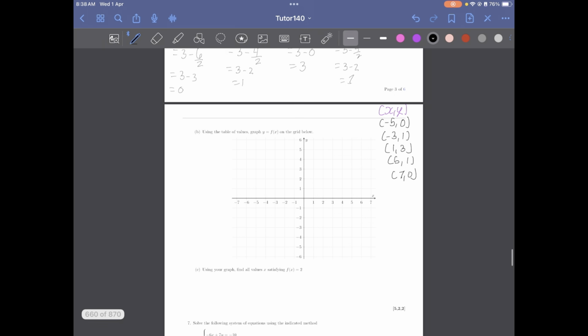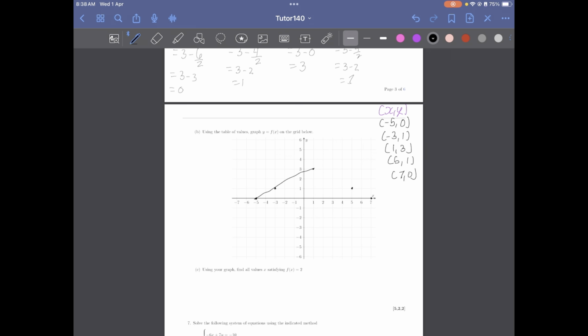Okay, so now we're going to plot the points. So negative 5, 0 is right here. Negative 3, 1 is right here. 1, 3 is right here. 5, 1 is right here. 7, 0 is right here.